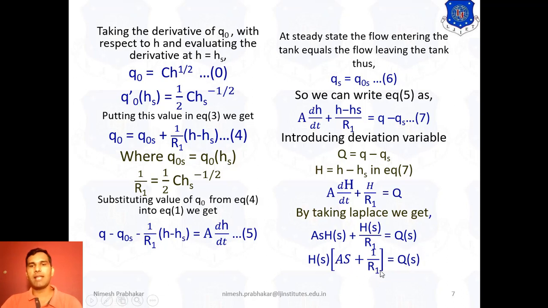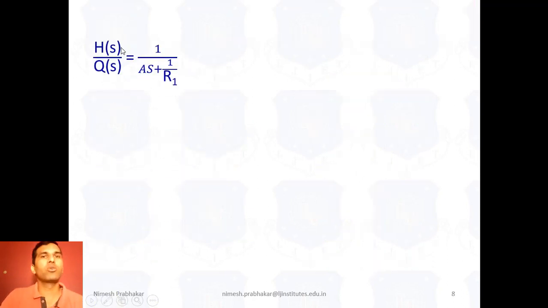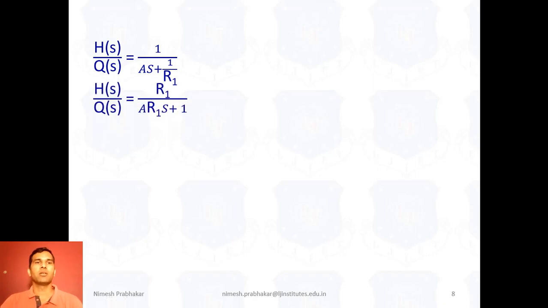Now rearranging this term, we can write H of s upon Q of s is equal to 1 upon (A s plus 1 upon R1). We know H of s upon Q of s is nothing but the transfer function, and we can rearrange this term by multiplying by R1. So R1 goes in the numerator: H of s upon Q of s is equal to R1 upon (A R1 s plus 1).